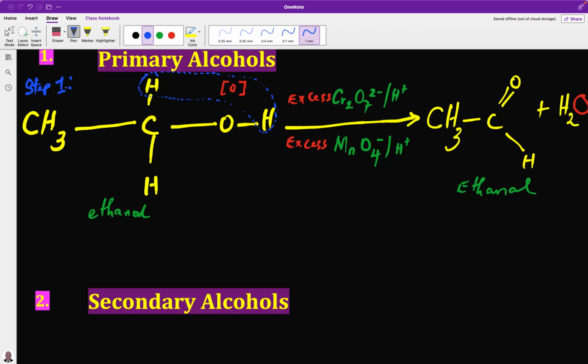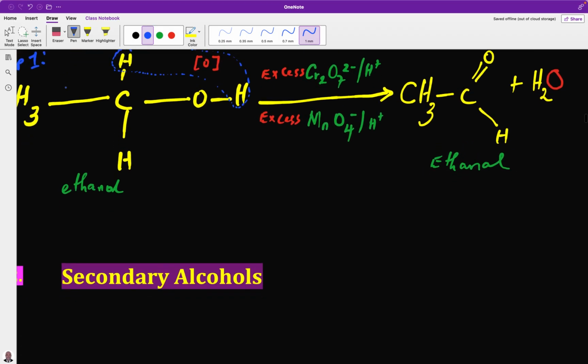If the alcohol is in excess, the product formed is distilled immediately. So if you want to get the product, it must be distilled off immediately. Else, further oxidation will take place.